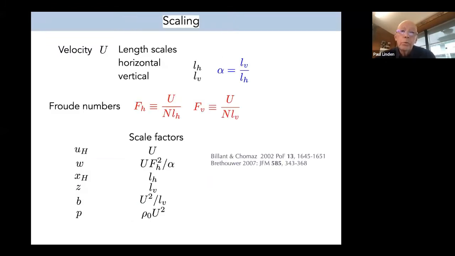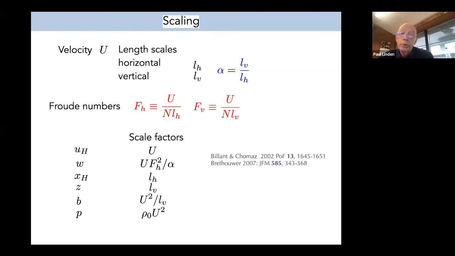Okay, so what one should always do in these circumstances, and I'm following here two very excellent papers by Paul Billant and Jean-Marc Chomaz, and a follow-up paper involving the same authors, where they looked at the scaling for stratified turbulence. So you imagine we have a flow with some velocity scale U and two length scales.